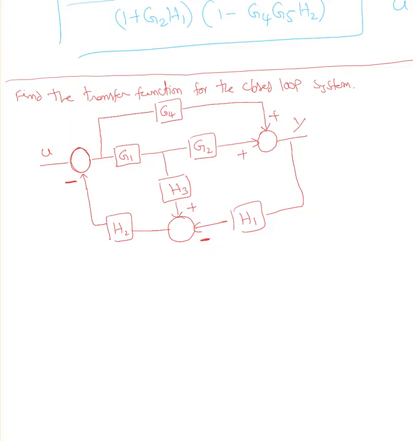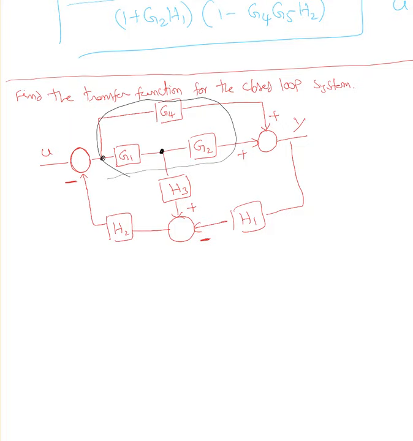Okay, here I can see I can move my H3 takeoff point. If I move it from here to here, then I can combine all these three blocks. Okay, so I'm moving a takeoff point after Z1 to before Z1. What should I do?